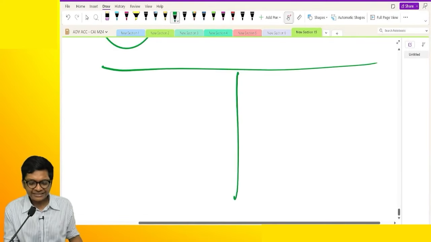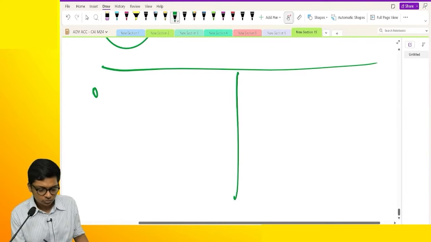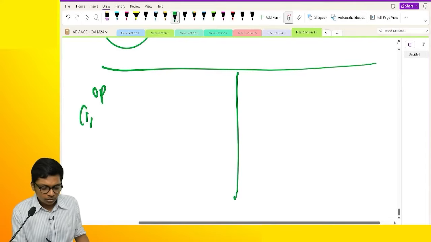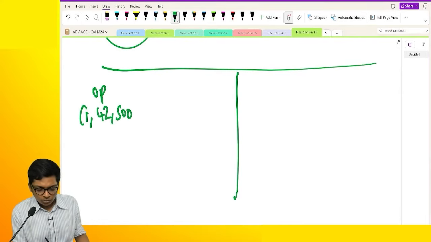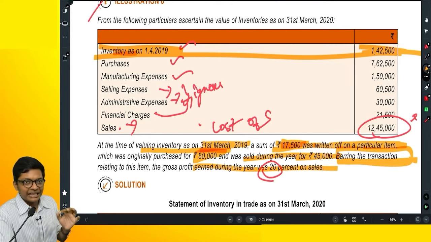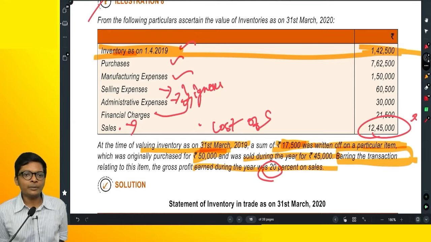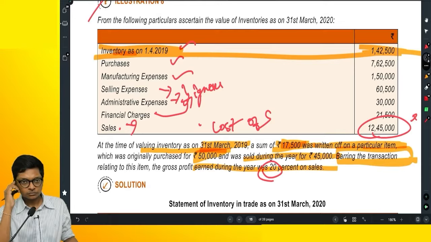He would have given a statement. What is the opening stock given? 1,42,500. Does this 1,42,500 include the abnormal anomaly? Yes. How much is included in that?